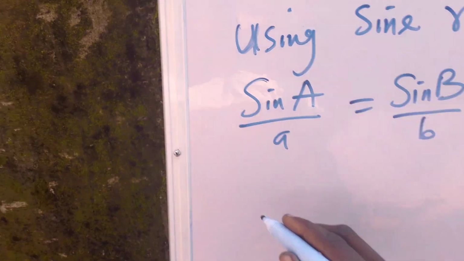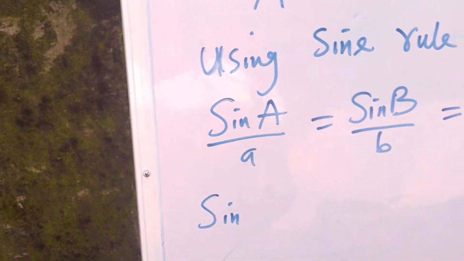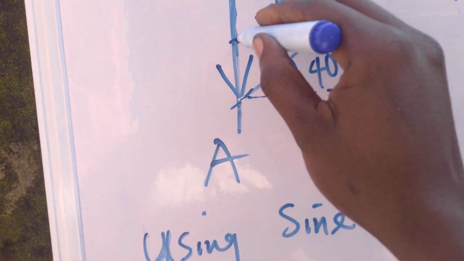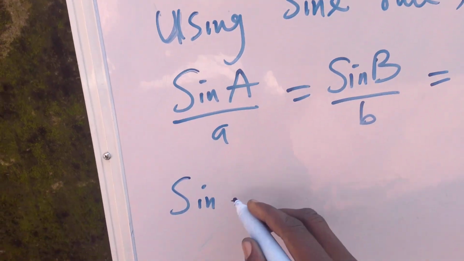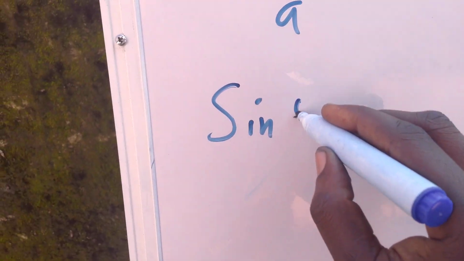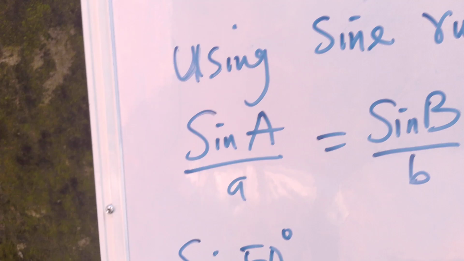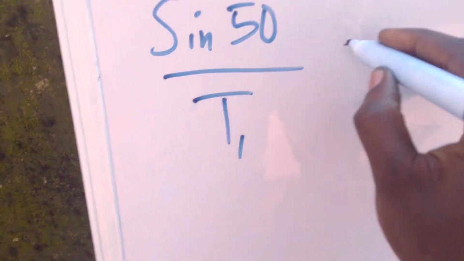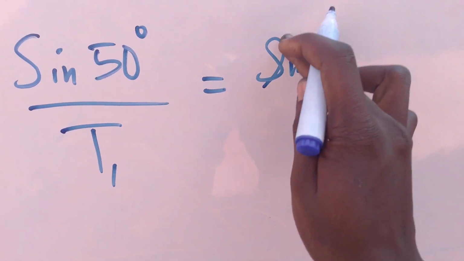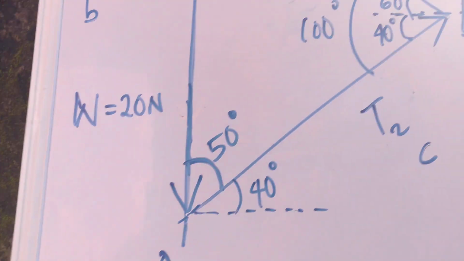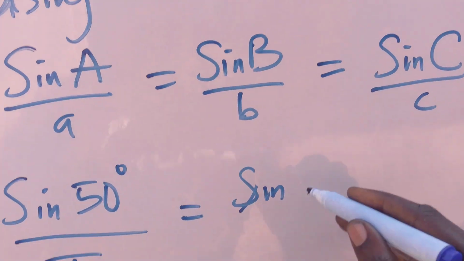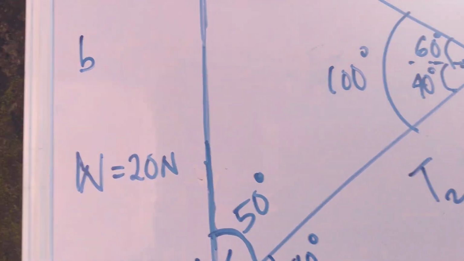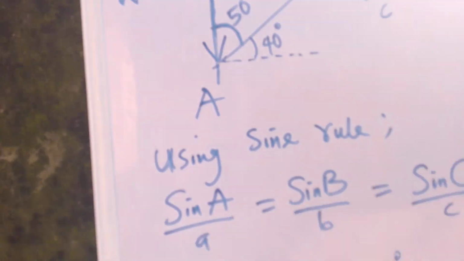This means that the angle at A is 50 degrees. That's sine 50 degrees over small a, which is tension T1, equals sine of the angle at B, which is 100 degrees, over small b, which is the weight, 20 Newton.